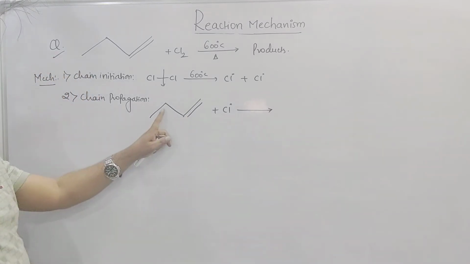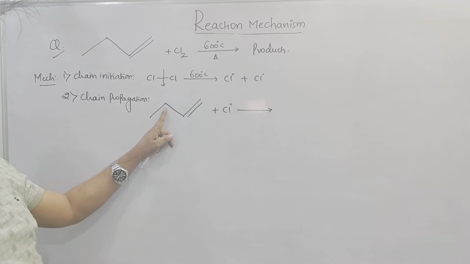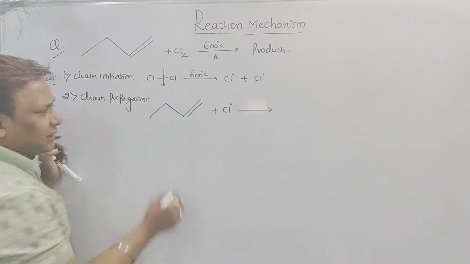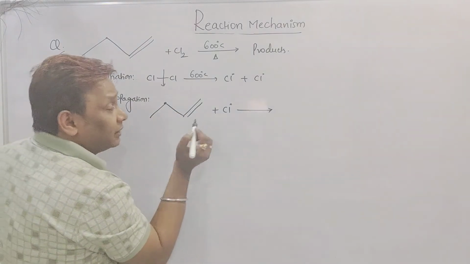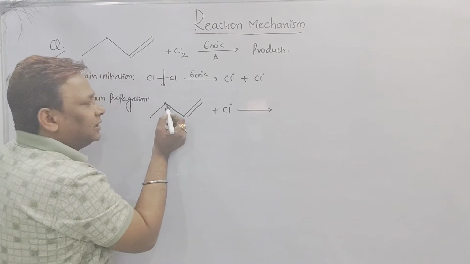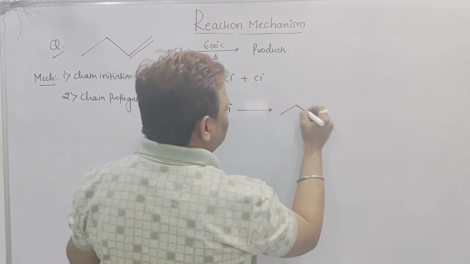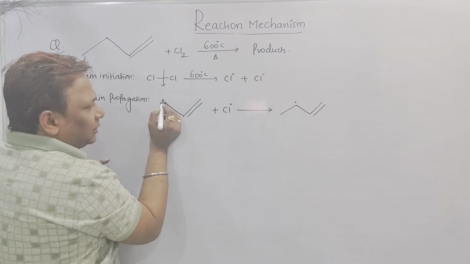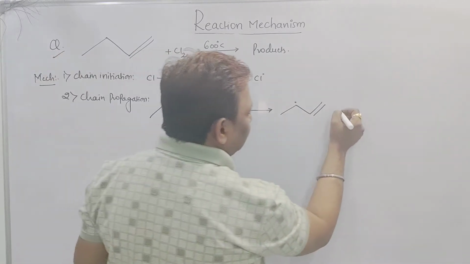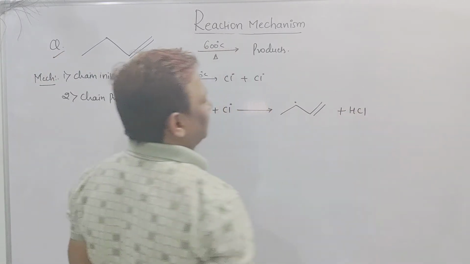So either it will form this radical or this radical. The formation of this radical is highly stable because it will have resonance, pi sigma radical. So it is going to form the 1, 2, 3 double bond and radical, beta. One H will come out, that H radical will attack with the Cl radical and form HCl.